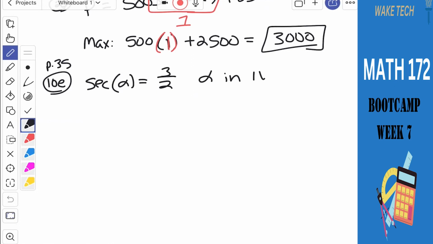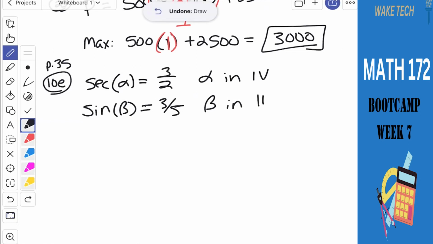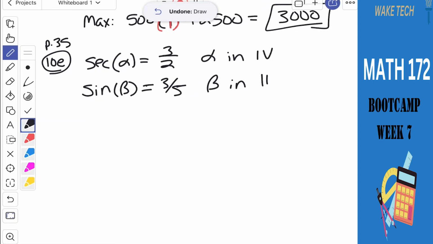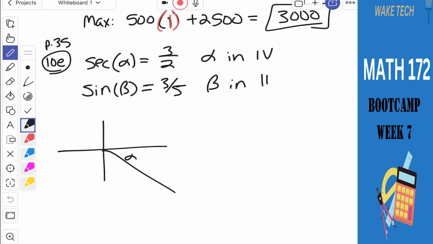We're told that sine B is 3/5, and B is in pi/2 to pi, so quadrant 2. So I'm going to draw angle A in quadrant 4, where secant is 3/2. I'll draw angle B in quadrant 2, where sine is 3/5.